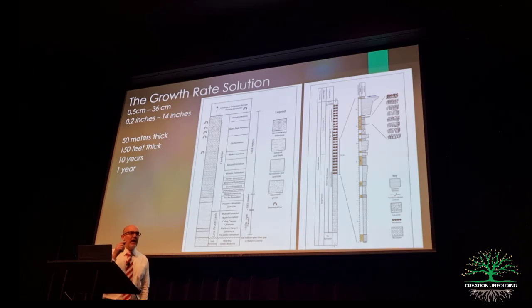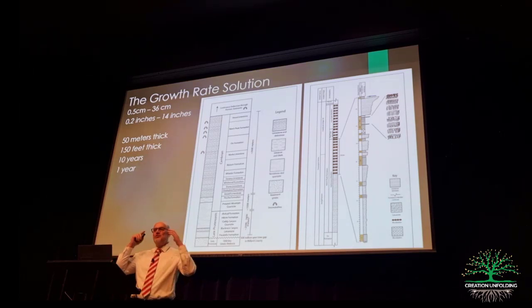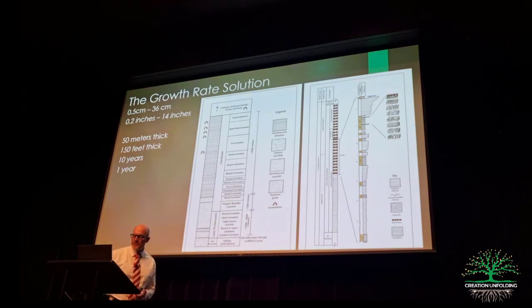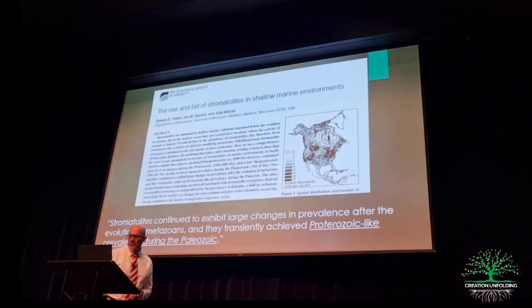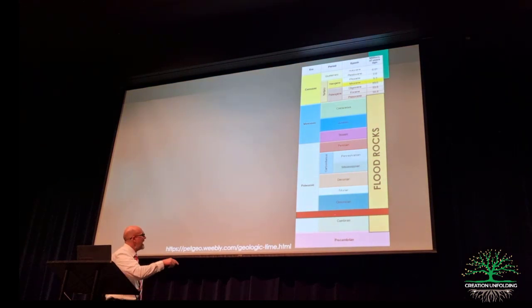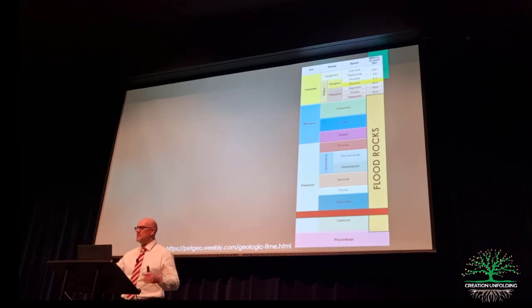How do you get hundreds of thousands of tsunamis tearing up the crust, and where's all the siliceous material? Remember, this is down here. This is right at the base of the flood. This is when all these tsunamis are ripping up the continent. So I hope you guys can see that the growth rate solution, because of all of these things, just doesn't work.